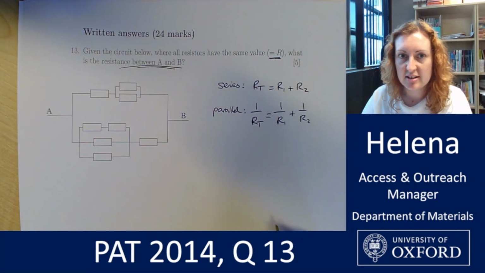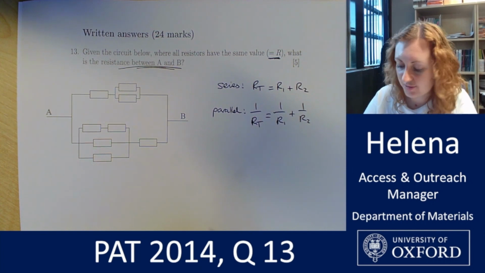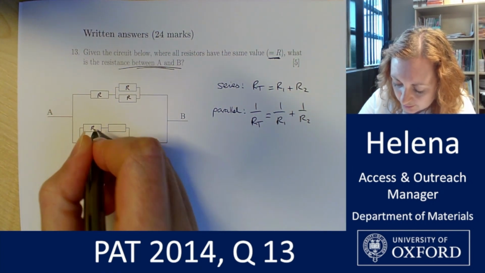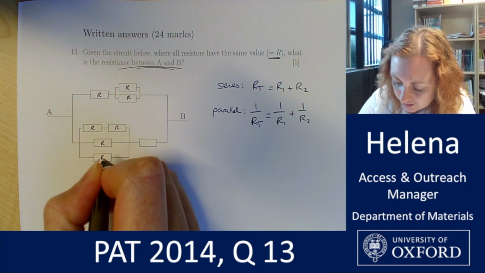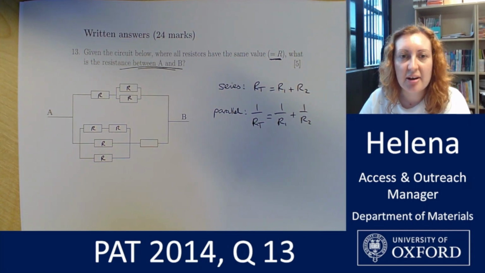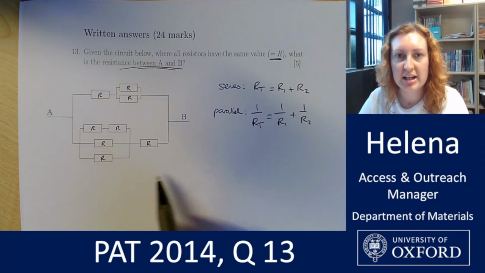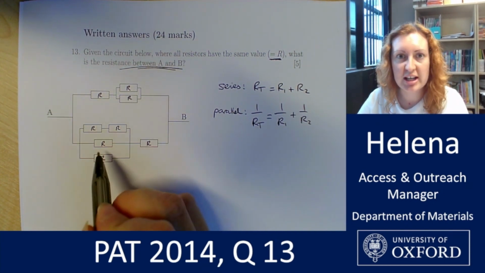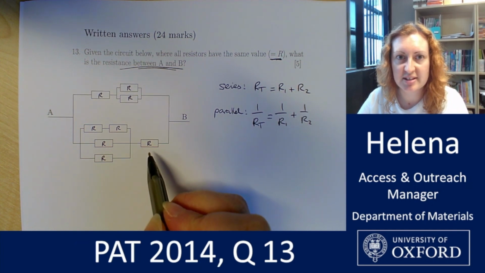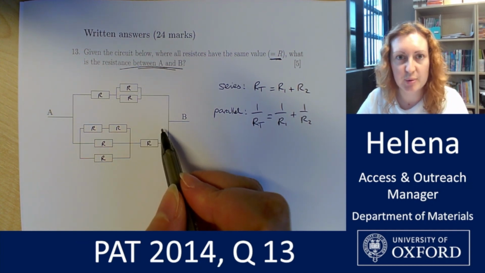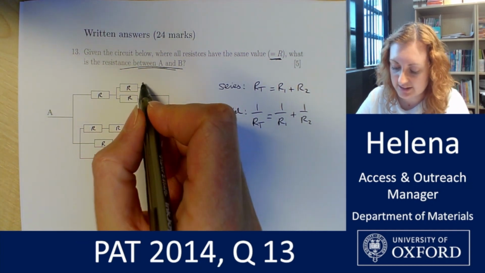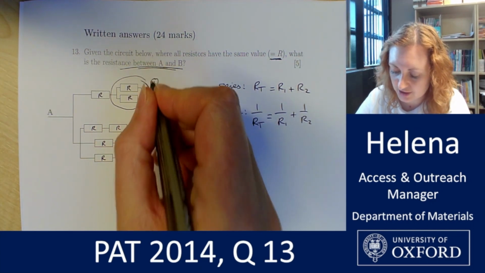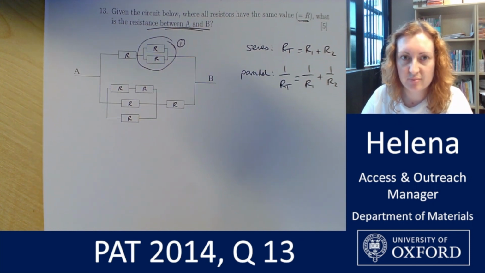Coming back to our network of resistors, we're told that each of these has a resistance R, so I'm just going to label that on my diagram. Now we need to figure out how to break this circuit up. We've got an upper branch and a lower branch, so that's a good place to start. I'm going to focus on the upper branch and calculate this little network first, which I'm going to label as 1.